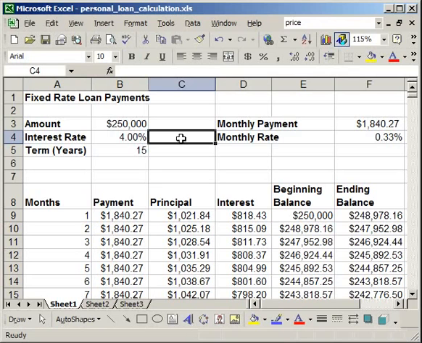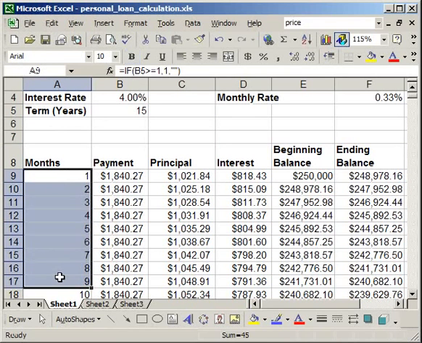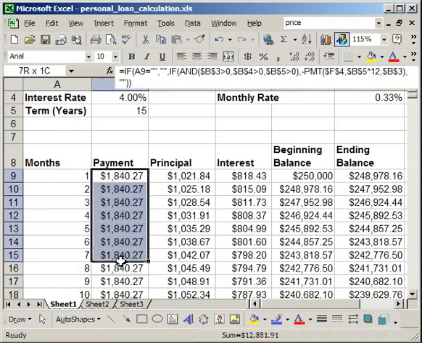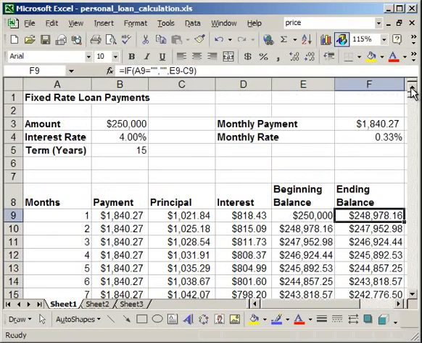Now what I have down here, I'm going to explain in more depth in another tutorial, but it's basically just formatting. So I show you the number of months that you have, the payment, which is going to stay consistent, how much that payment's principal, interest, and I show you it for the life of the loan.